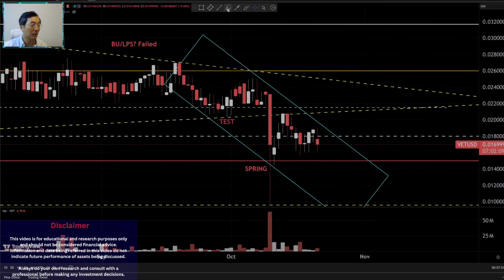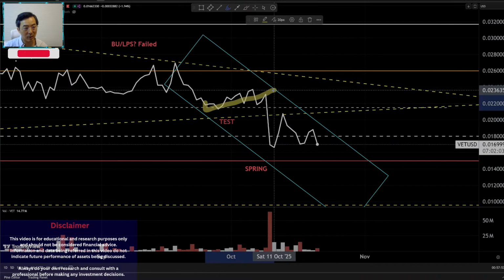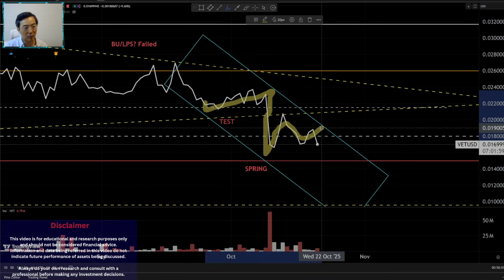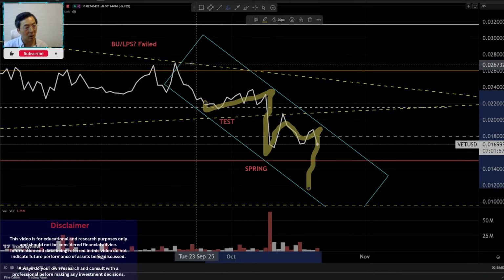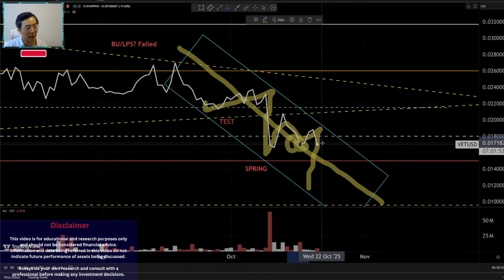If you're new to this channel box concept, basically the price movements you can expect within the channel is for it to bounce between either the 2 edges or the center line. So this was where it happened.